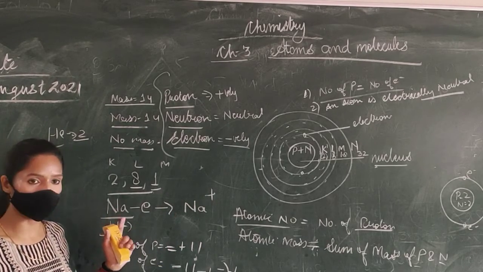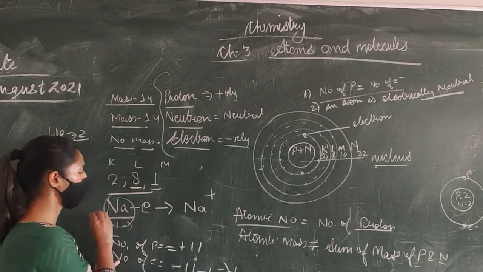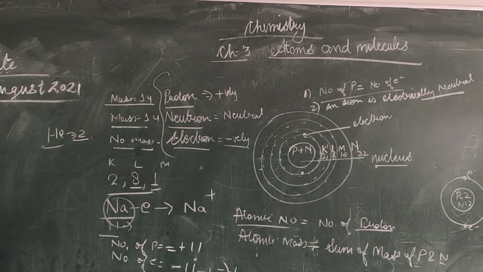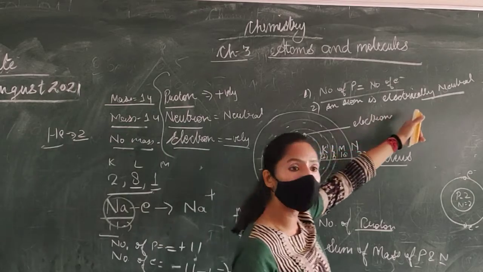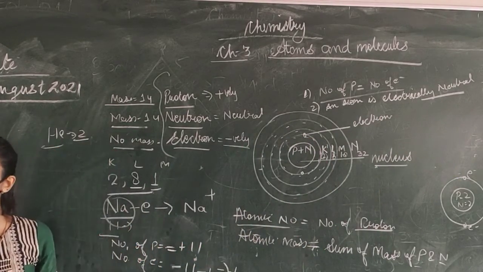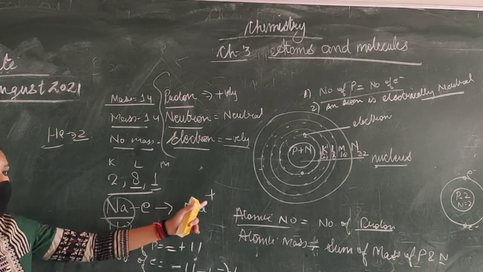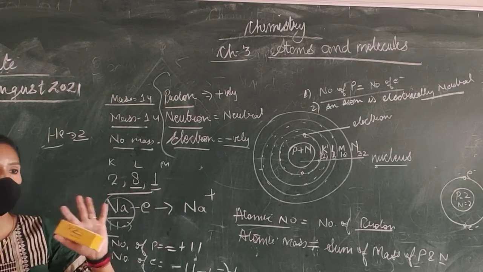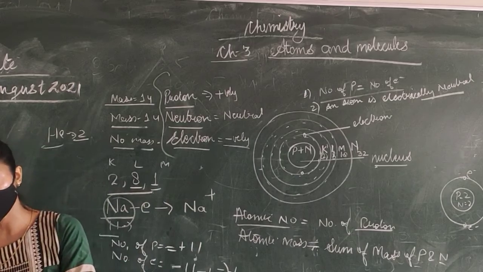So when an atom donates or gains an electron, it becomes a charged particle which is called an ion. The atom was an electrically neutral particle, right? But now after donating the electron, it acquired a charge, and it could be a positive charge or a negative charge.